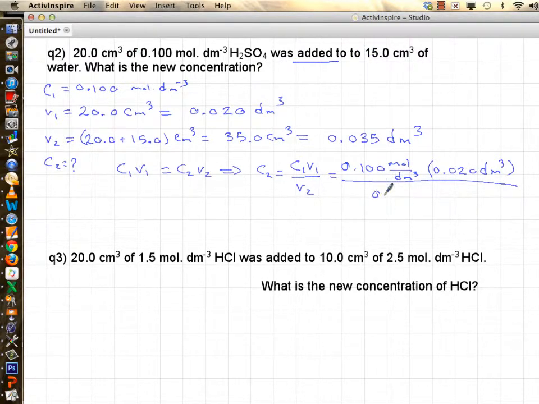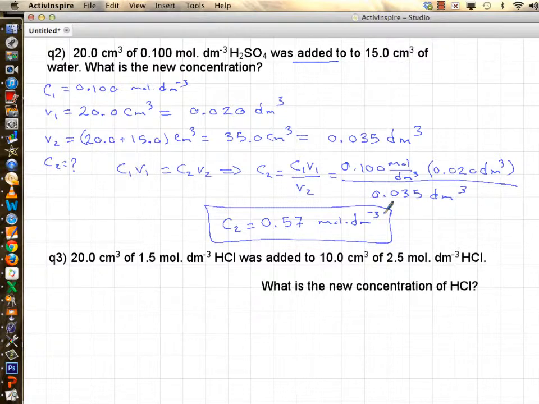So it's 0.035 decimeter cube. When you do this division, your new concentration becomes 0.57 moles per decimeter cube. This is your new concentration.